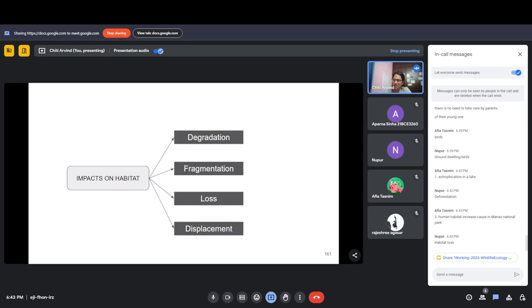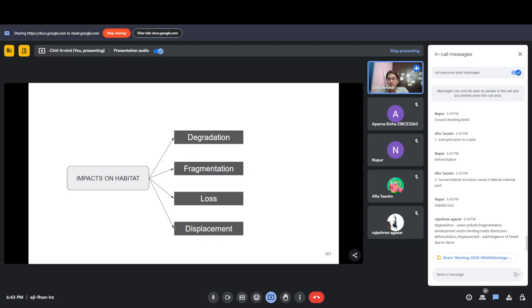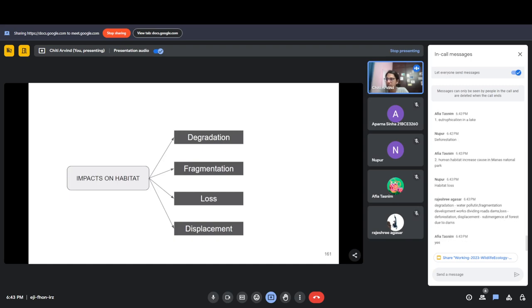Habitat loss, right? Yeah, that's correct. Fragmentation. Human habitat increase was in Manas National Park. Human habitat increase. So I'm assuming you are saying anthropogenic change has resulted in habitat getting fragmented, Afya? Okay. Cool. So yeah, we've covered degradation, fragmentation, loss.